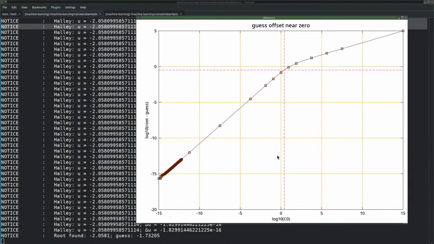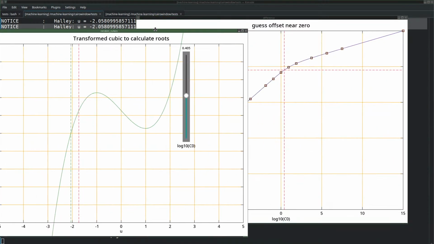And anything less than 10 to the power minus 2 is good enough. So this whole part is good enough. It's unacceptable, more or less, that here we get something that's larger than 100th. You can see that here.